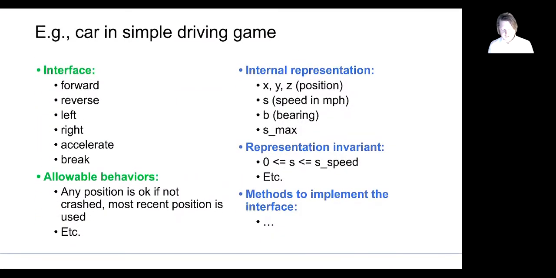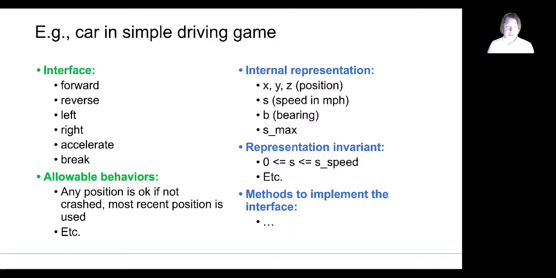Here's an example of a car in a simple driving game. The interface could be the ability for the user to specify that the car should go forward, reverse, left, right, to accelerate or brake.